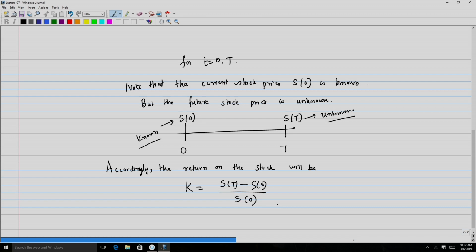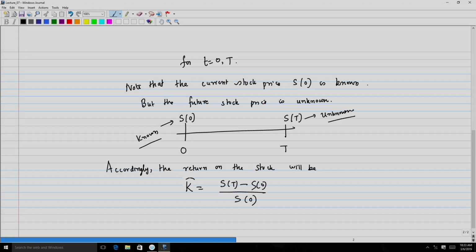So, this is the definition of return that you have already observed, that is the extra amount of gain that you make or losses in case of adverse movement. So, S of t minus S of 0 is the additional amount of money that you make, which could be negative, by selling of the stock at time capital T divided by the original investment at S of 0, and you multiply this by 100, then you basically get the return in terms of percentage.